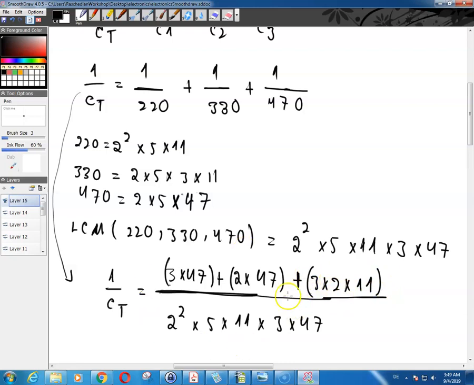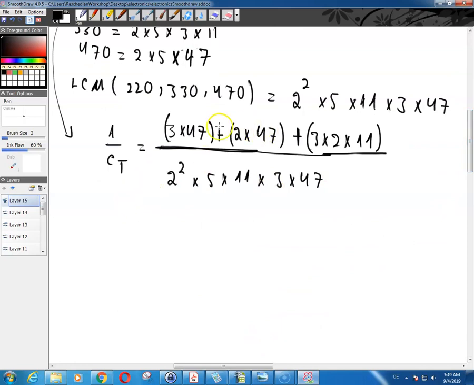Now if you add and multiply all of these numbers together, you will get your number, which is 1 over C of t is equal to whatever that is. Using my calculator, 3 times 47 is 141, plus 2 times 47 is 94, and 6 times 11 is equal to 66.